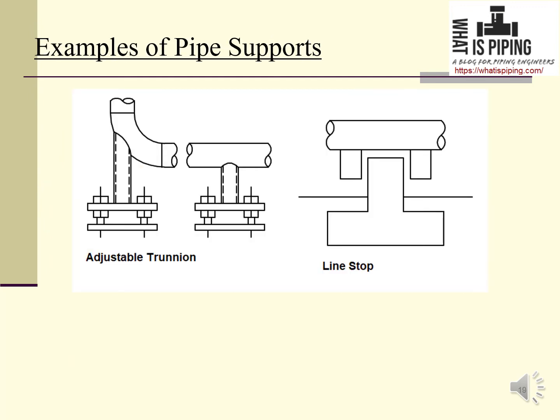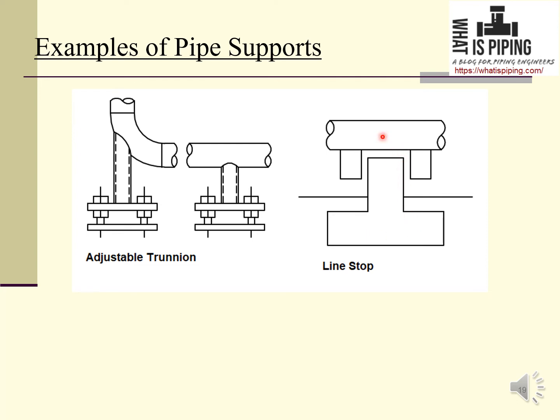Now these are the examples of pipe support. This is an adjustable trunnion, means using this screw bolt arrangement one can adjust during operating condition of the pipe. This is a line stopper or axial stop, means this is the pipe, two members are welded with the pipe, and this is the structure, civil structure.